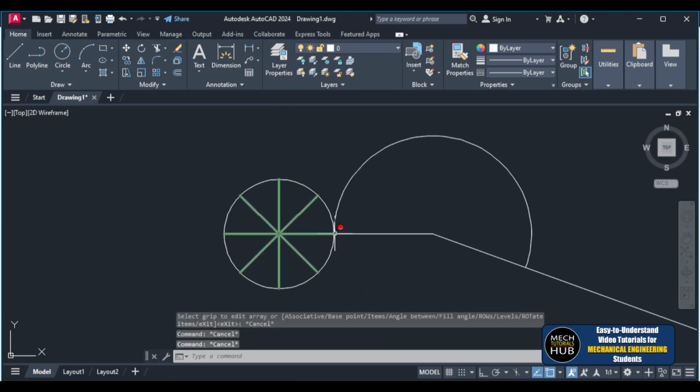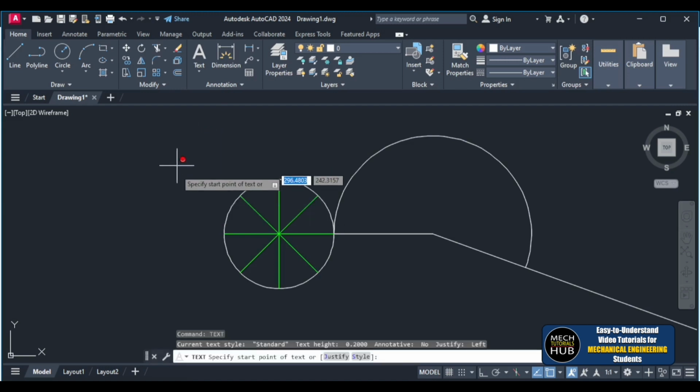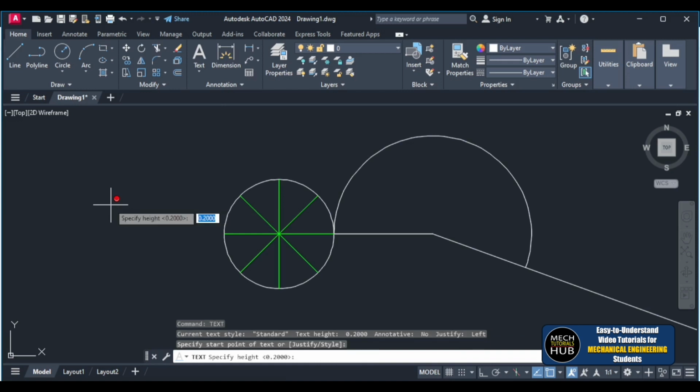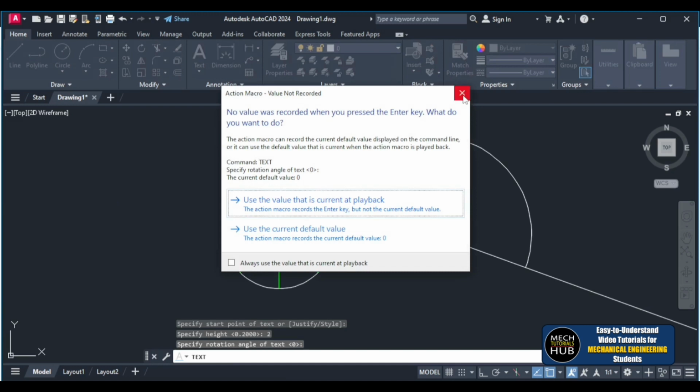Now accordingly you have to name the points. As this is the reference point, let me write a text here, enter, and here the height would be some 2, enter, 0 angle, yes, close this one.